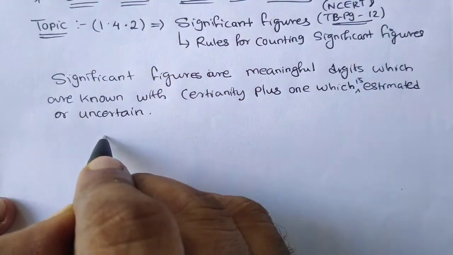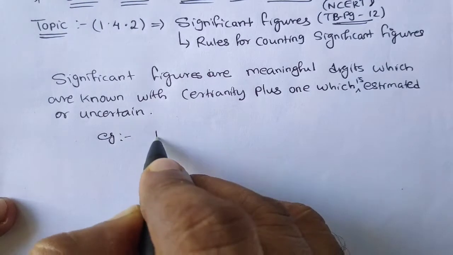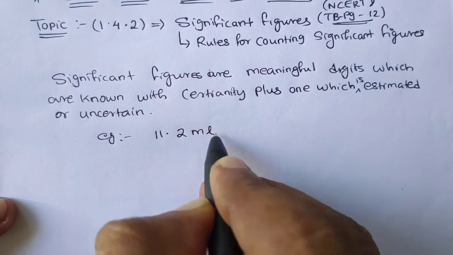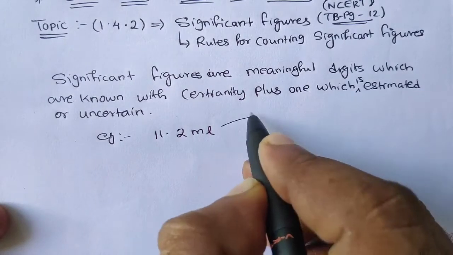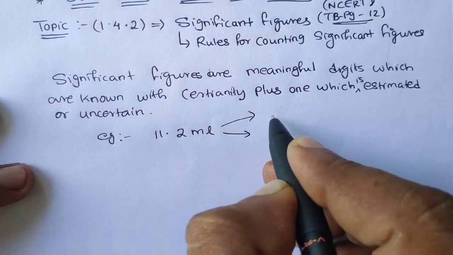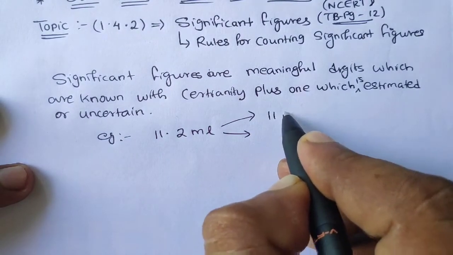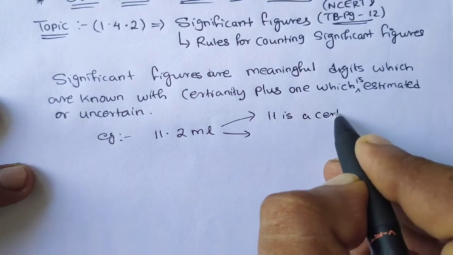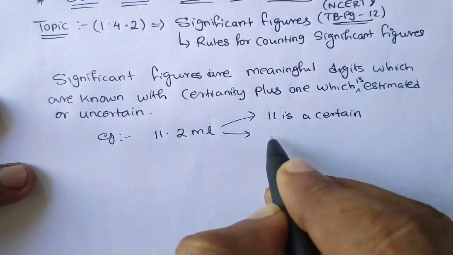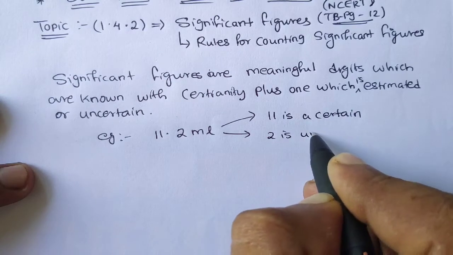Suppose, for example, I write 11.2 ml. In this case you can see 11 is a certain number, and 2 is uncertain.